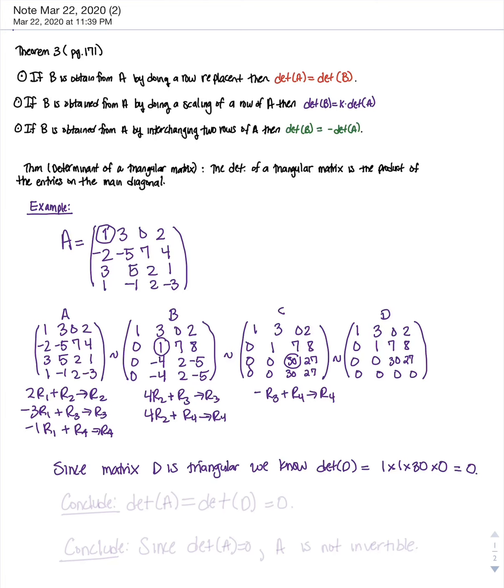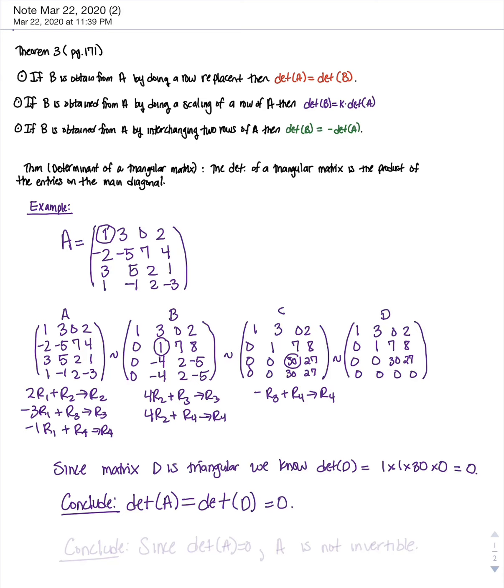Similarly, since matrices A and D have the same determinant, because we're only using row replacements, we can conclude that the determinant of A equals the determinant of D, which equals 0.